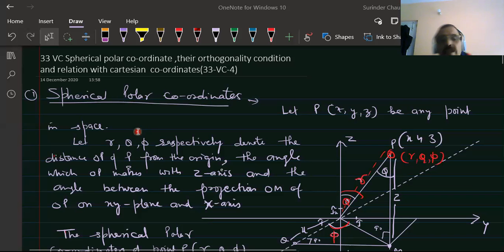Now, in this lecture, students will discuss another type of curvilinear coordinate, that is spherical polar coordinates.